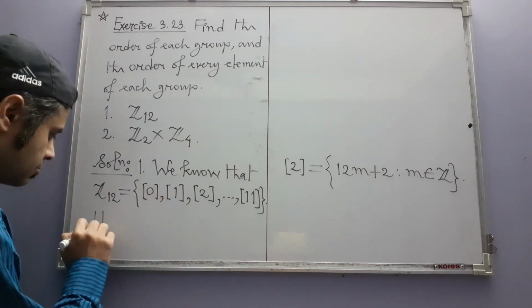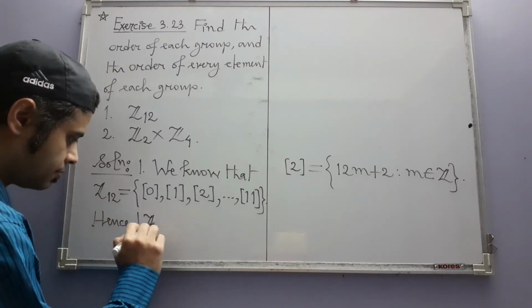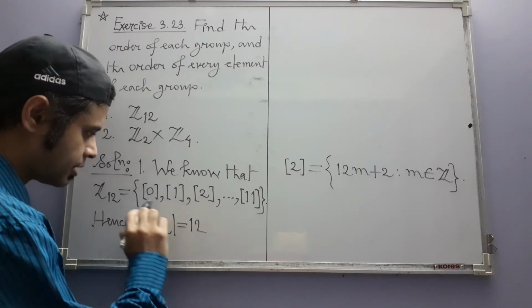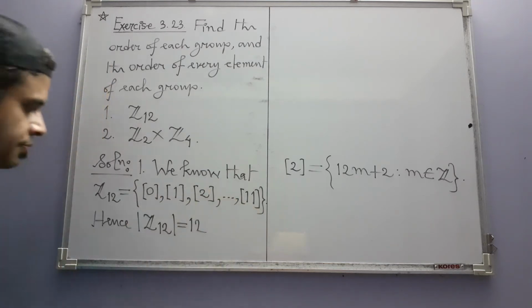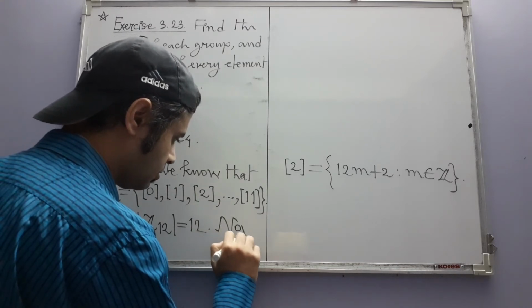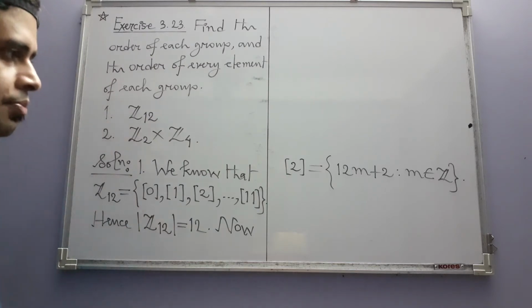Hence, the order of this group is 12 because there are 12 elements. Now, next we have to find the order of every element.